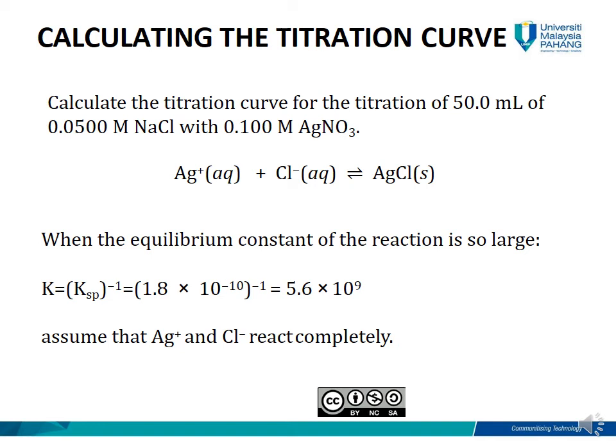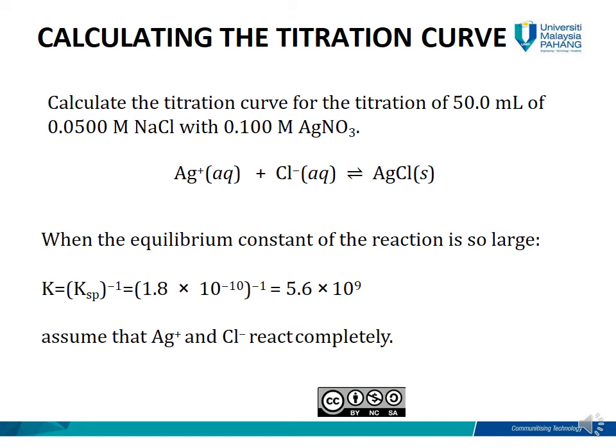KSP is the equilibrium constant, the solubility product, for silver chloride. On this slide, you can see the value is 1.8 times 10 to the power of minus 10.